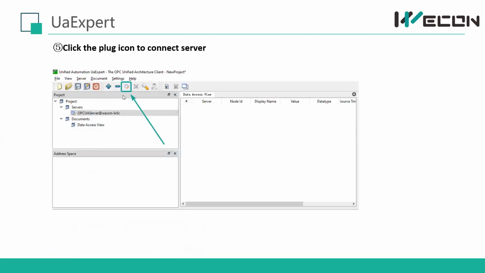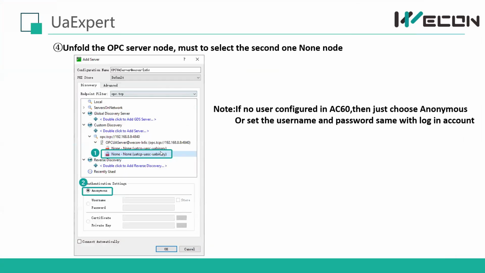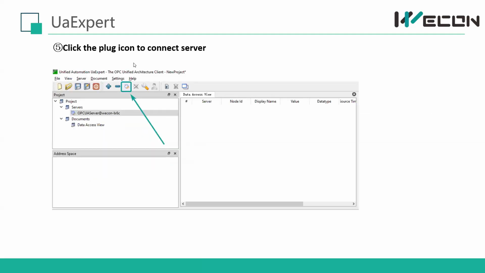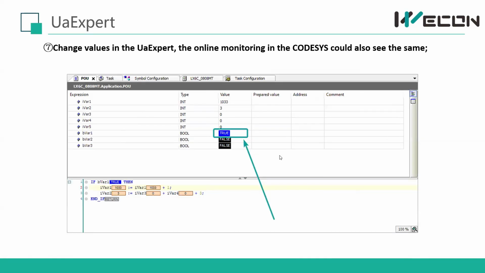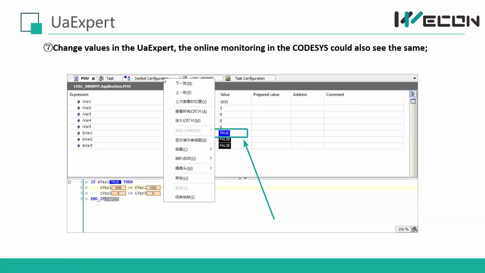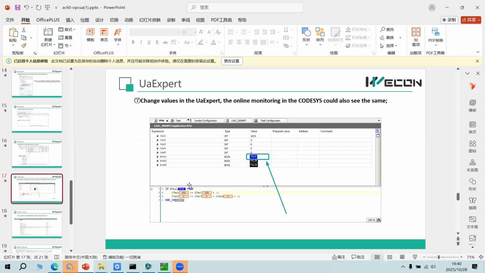So after we add the server to our client, you can just click the plug icon to connect to the server and control your bits and your tags in our client. Now I use my PLC to show you some examples.